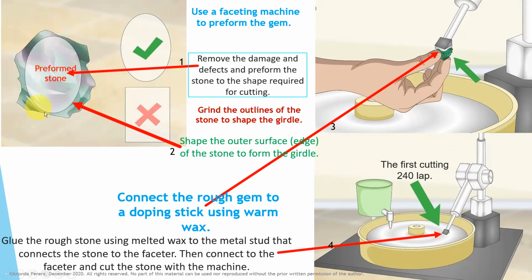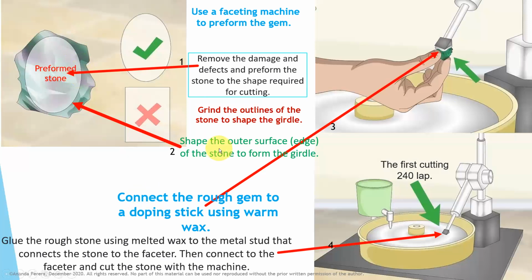When it is grinding, you have to think about the correct oval shape. Then the sides, top side and the bottom side, you can think. Then the top side and bottom side and the girdle margin is this oval shape area. This is the girdle margin. So shape the outer space. That means edges. These edges you have to shape on the stone to form the girdle. Then you can form the girdle.